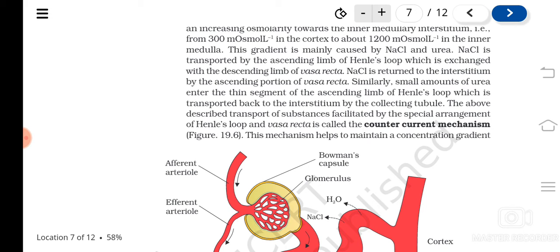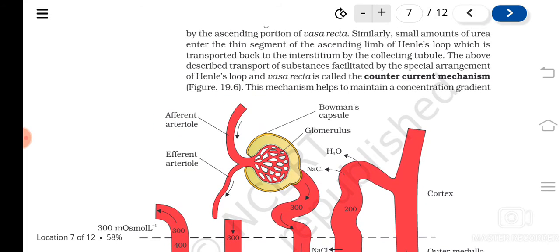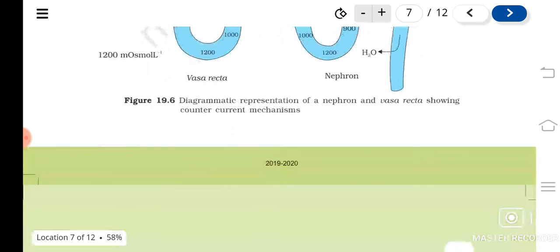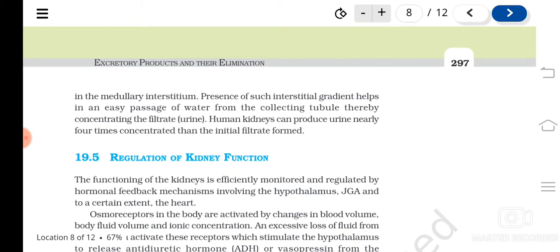And likewise, a small amount of urea from the collecting duct will go to the thin section of the ascending limb of Henle's loop, and it will be transported back to the interstitium by the collecting tubule. So like this, it helps to maintain the gradient. The osmolarity gradient is created, and this is very important for the passage of water from the collecting tubule, and this helps to concentrate the urine.